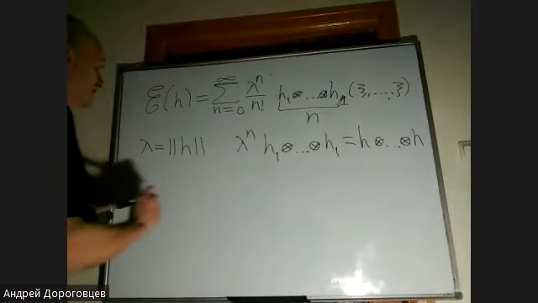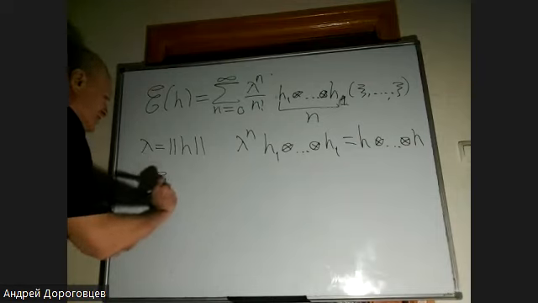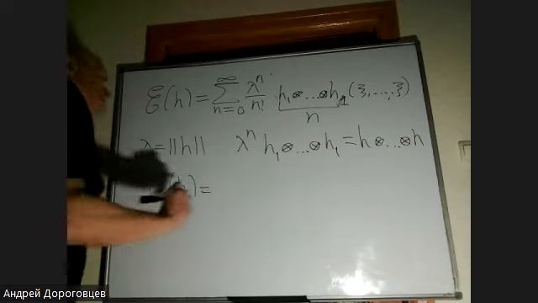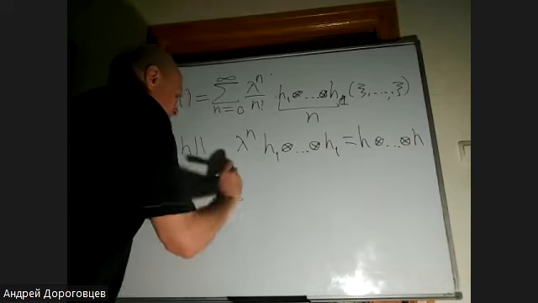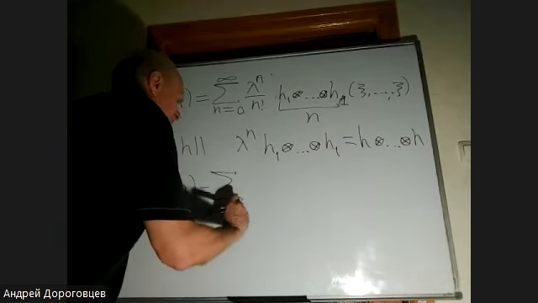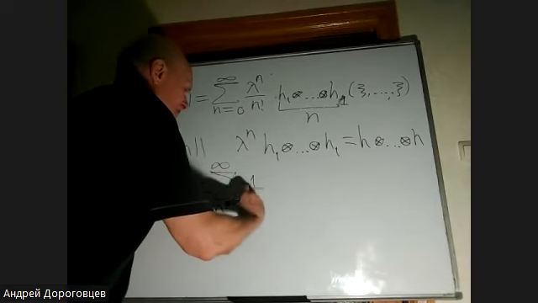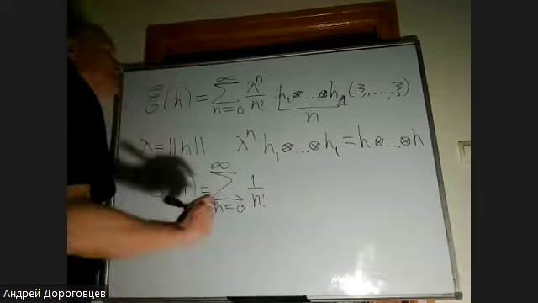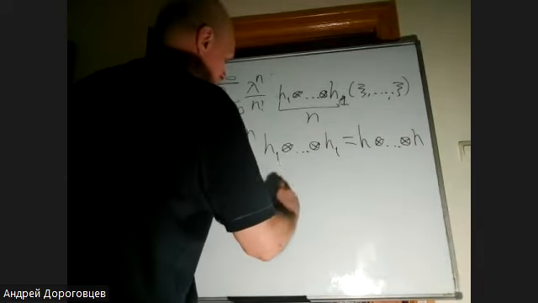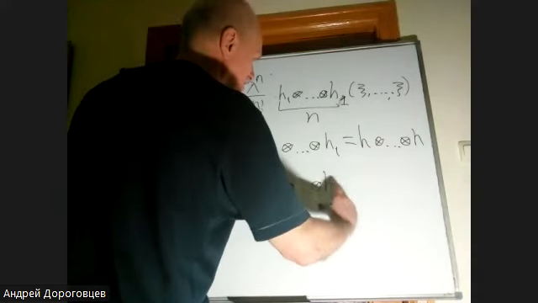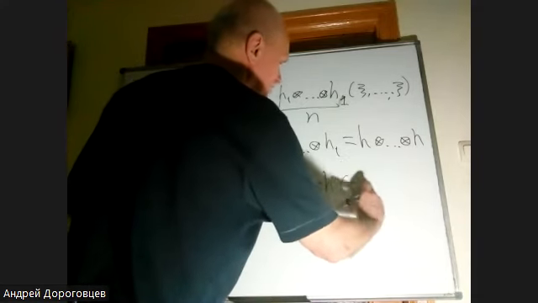So finally, our stochastic exponent is equal to the sum from n equals 0 to infinity of 1 over n factorial, times h tensor n integrated against xi.